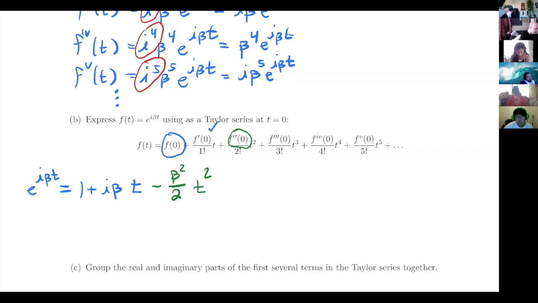And so let me just then write out the next bunch of terms. So then we would get minus i beta cubed all over 3 factorial times t cubed, and then we would get plus beta to the 4th over 4 factorial t to the 4th.